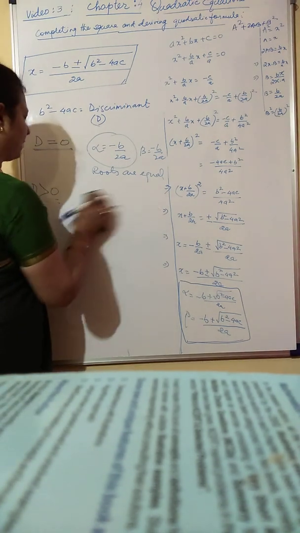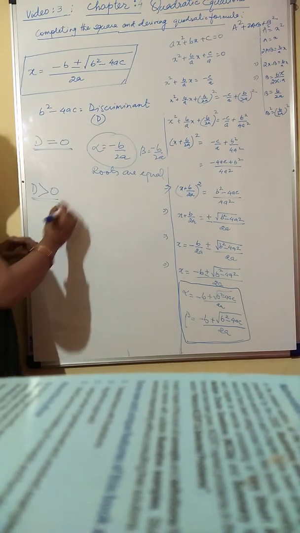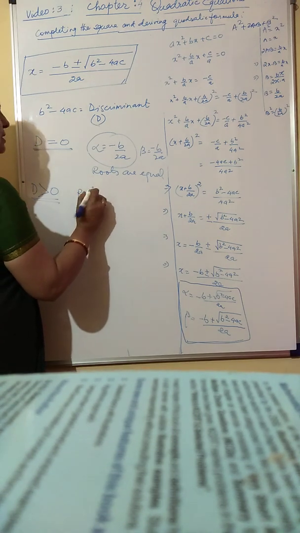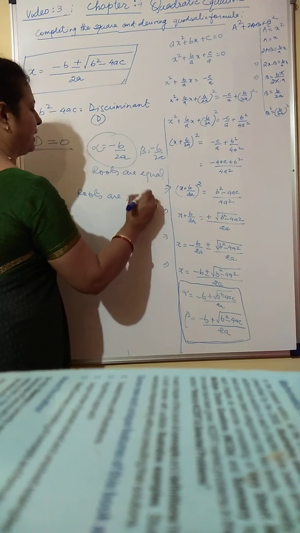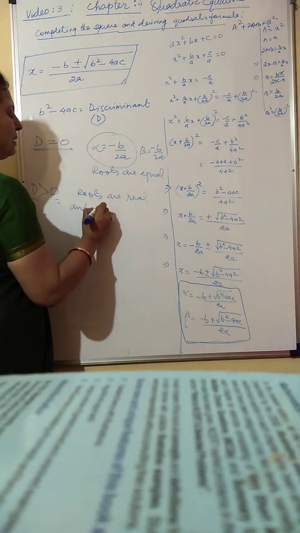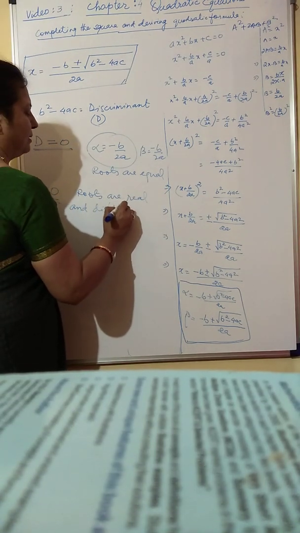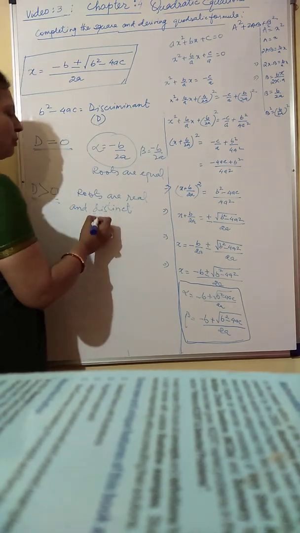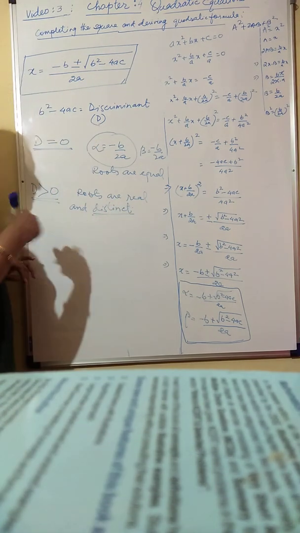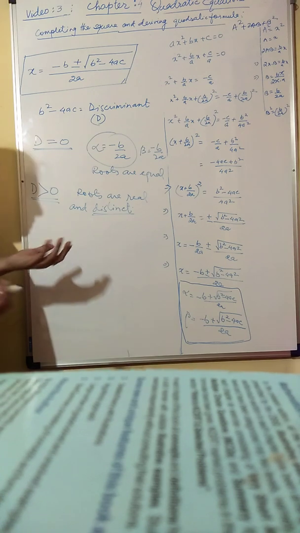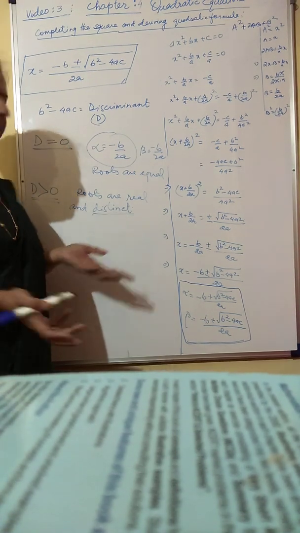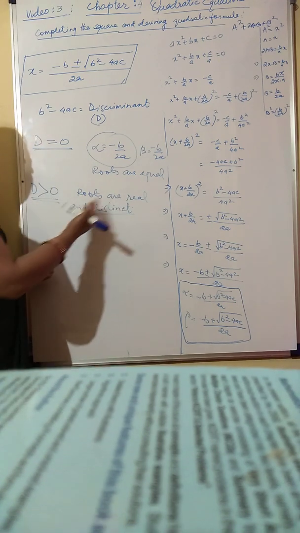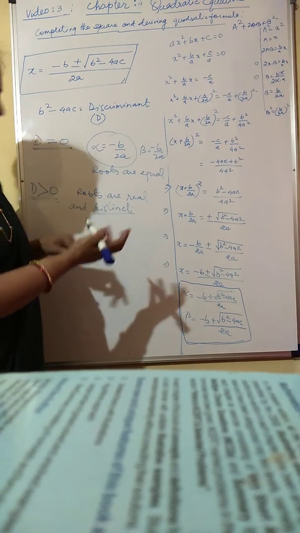So we say that when d is greater than 0, roots are real and distinct. The word distinct is also a synonym of different. Means you can use different in place of distinct. So roots are real and different, means two different roots.